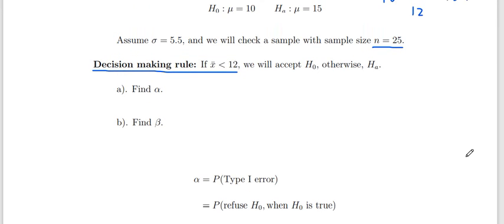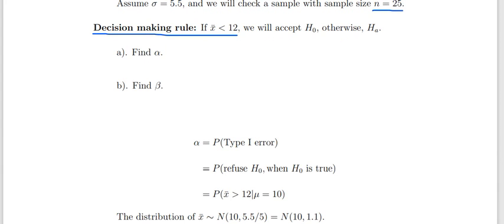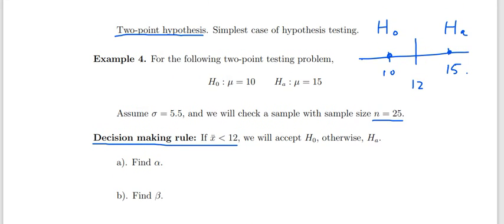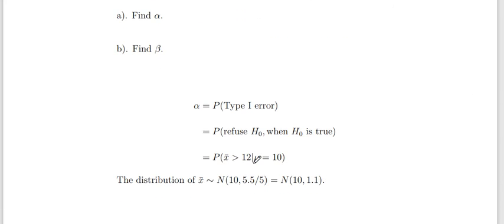So let's check alpha. Alpha is the type 1 error. Type 1 is refusing H0 when H0 is true. We accept H0 here, and here we will reject H0 or support HA. So refusing H0 means x bar is larger than 12.